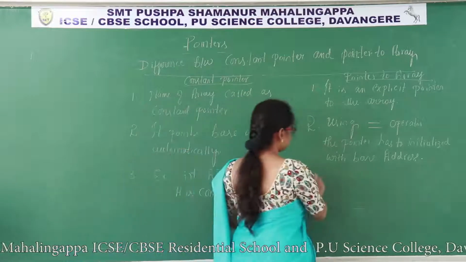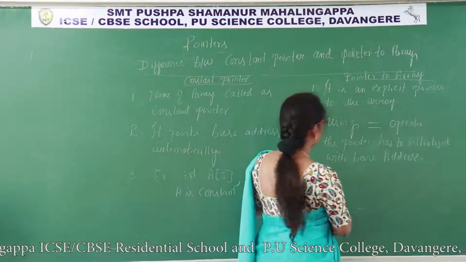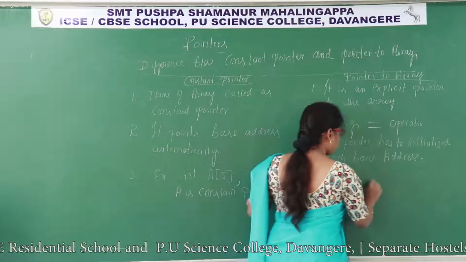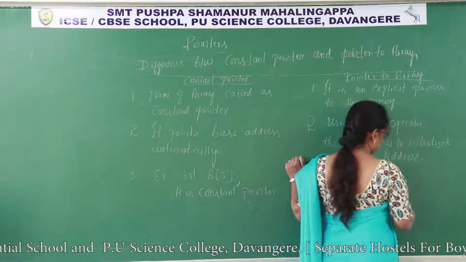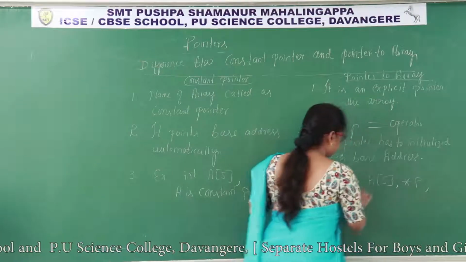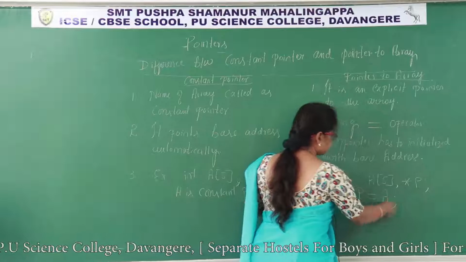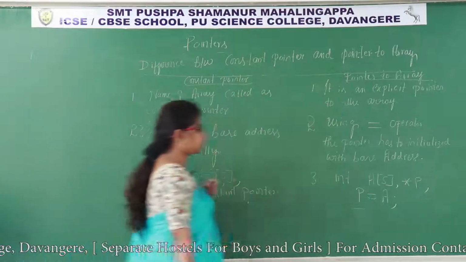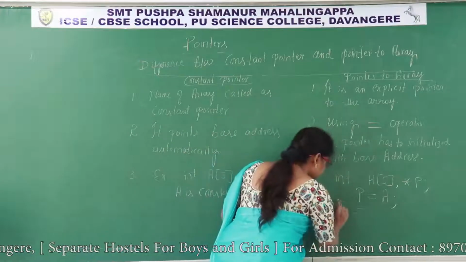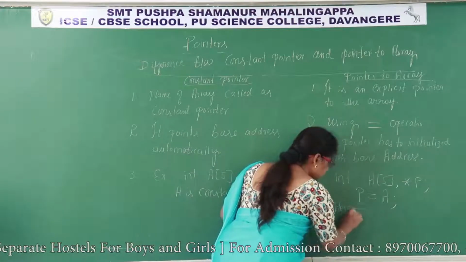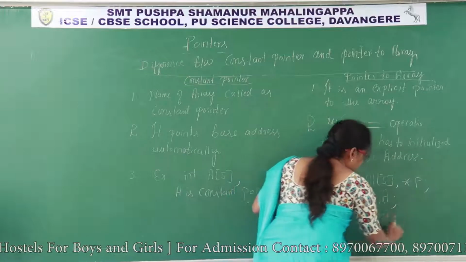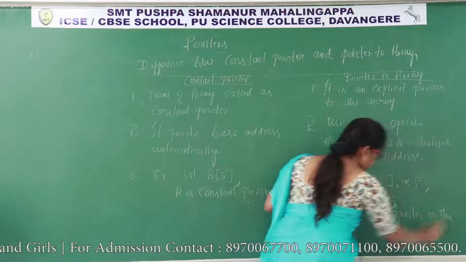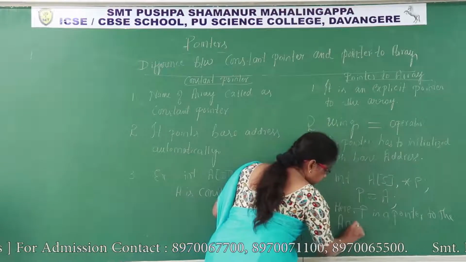Here, int A[5], *P = A. In this way we have to initialize P. Here P is a pointer to array A.